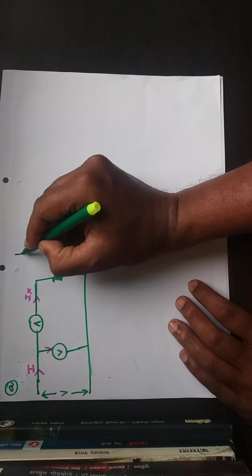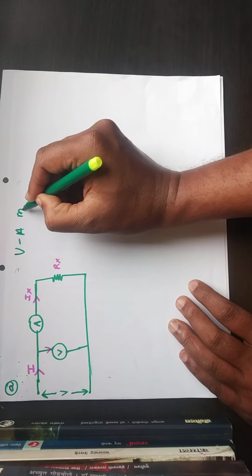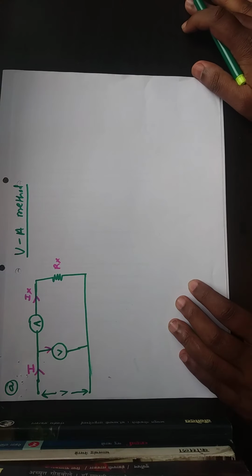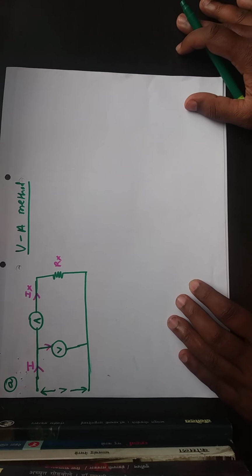This is the Volt-Ammeter method to measure the medium resistance. This method is based on measuring the voltage across the unknown resistance and the current passing through the unknown resistance.